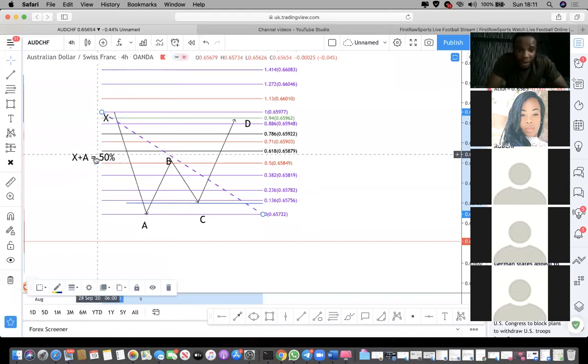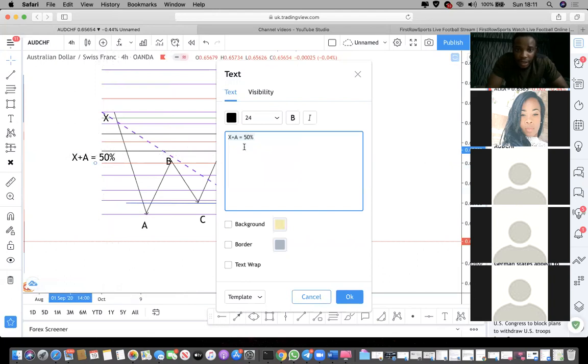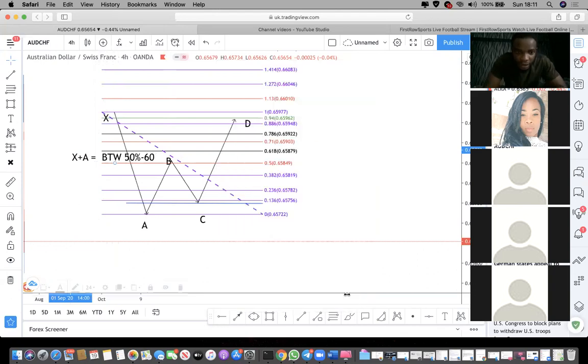So for the first part of it, you need this area to be between 50 to 60. I'm making it a lot easier this time around, putting the notes on.